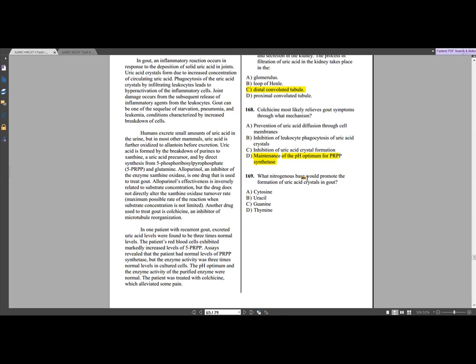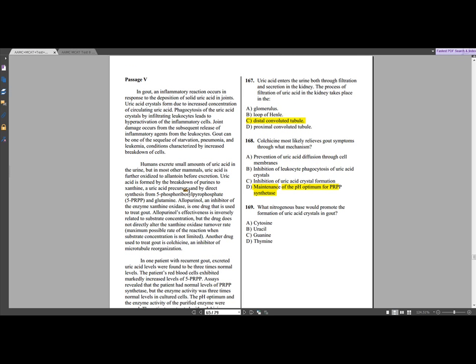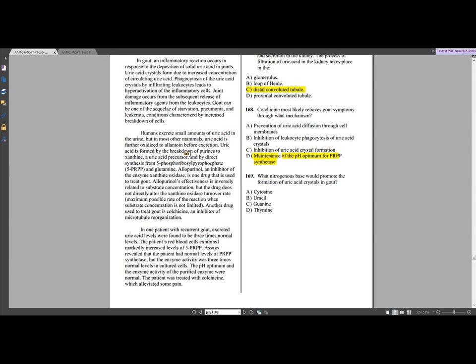Which base promotes uric acid formation? I guess the only base in here is going to be the answer. Let's see, phosphonic base. They can't expect us to have memorized that. Glutamine.